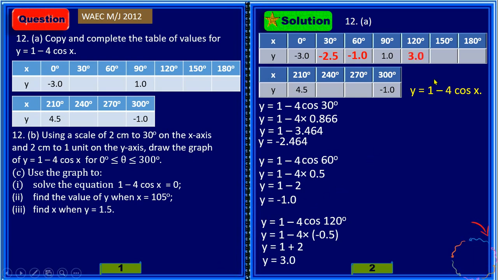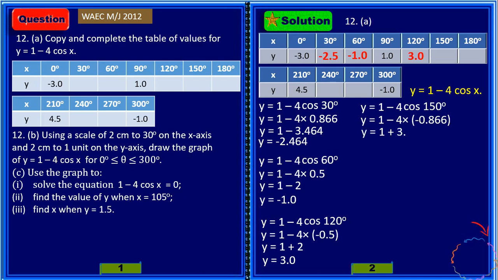So we are going to go straight to cos 150, or when x is 150. So cos x will give us cos 150. On using the calculator, we can find the value of cos 150, and that is minus 0.866.